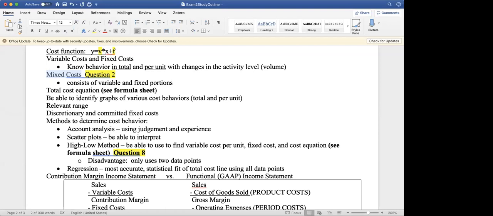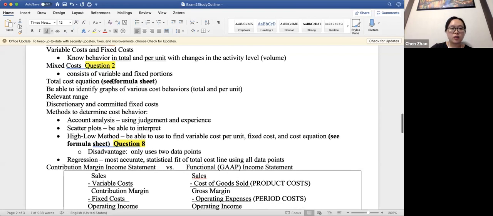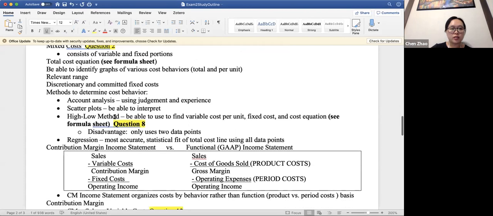Yes. Is that proportional? No. Correct. Very good. So now you understand. A mixed cost has both a variable function and a fixed function. The mixed cost will increase as your total number of units increases because you have the variable portion of that. So, cost function, we have talked about it.